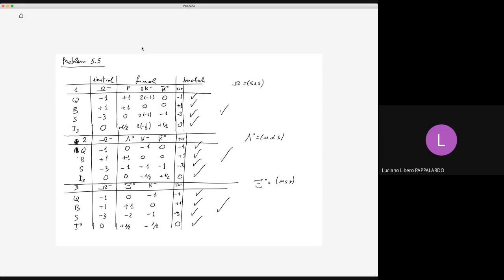So based on this quantum number conservation, all three decays are possible, okay? However, they don't occur in nature. So can you try to say why? You have to look at the, okay, I will project the slide again.